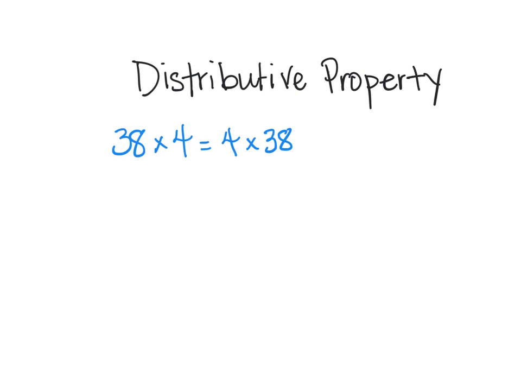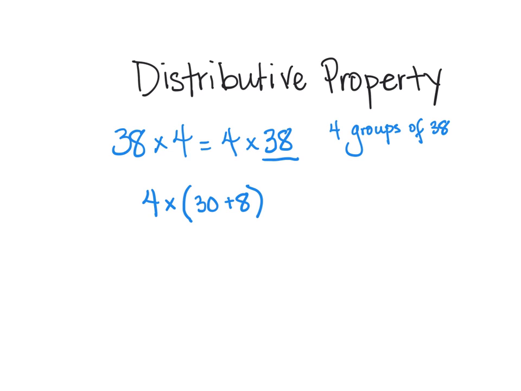So we're essentially saying that we have 4, remember, use the smaller one to start with your groups, 4 groups of your larger number, which is 38. Again, 4 times, we're going to expand 38 in expanded form by place value, 30 plus 8.